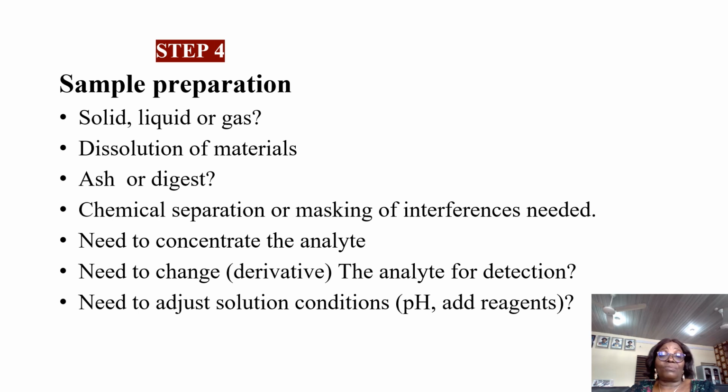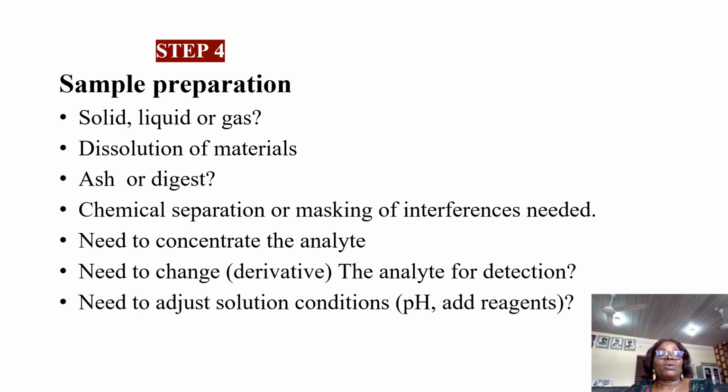If it doesn't dissolve, you will further dissolve with oxidizing acids, concentrated acids, concentrated HCl, concentrated tetraoxosulfuric acid. And if that sample doesn't dissolve, you will further fuse that sample with fluxes.